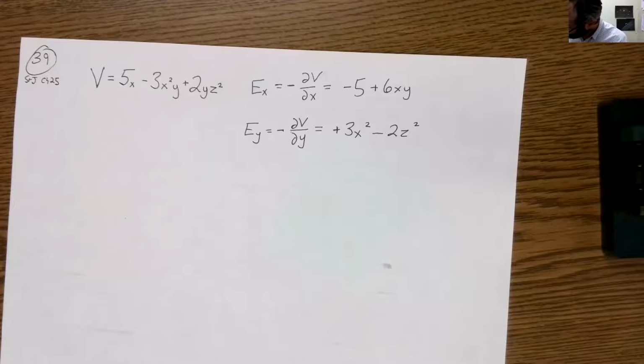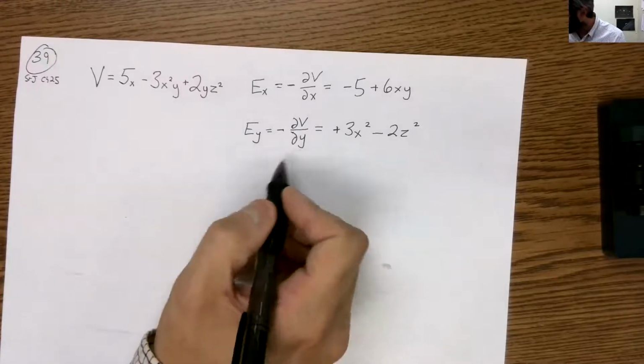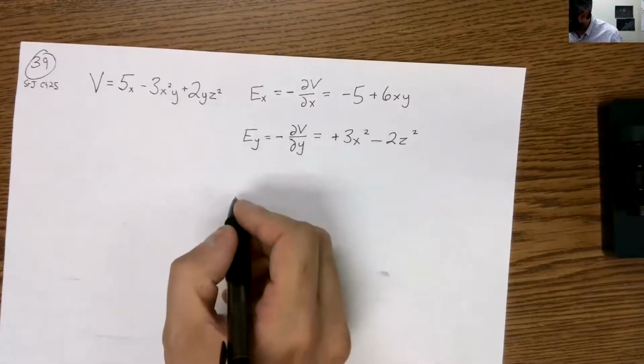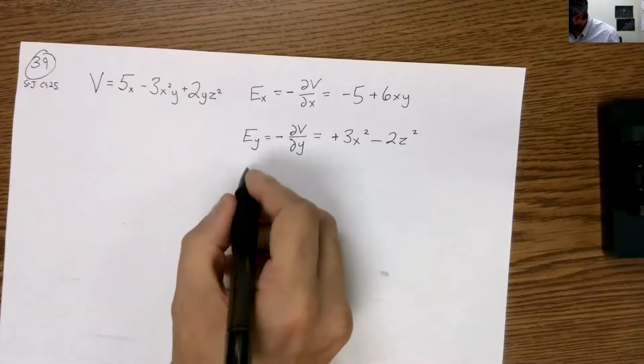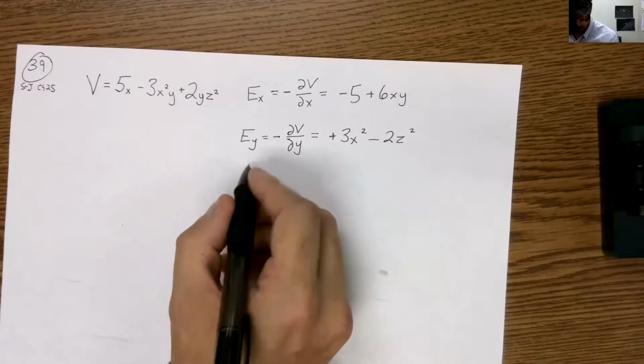I don't think the calc classes in our school go over partial derivatives, but if you take calc 2 or 3, probably in college, you'll see them pretty quickly. Multivariable calculus. I hope that answers your question without having to go into the whole math lesson.